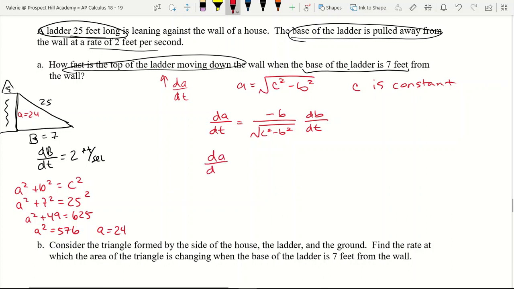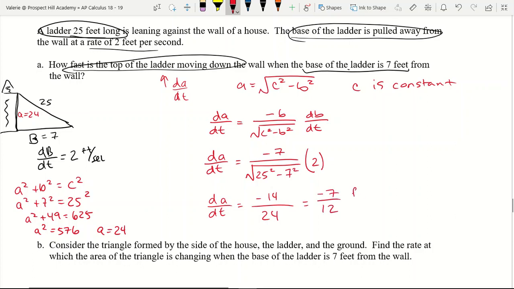So dA/dt is equal to negative 7 over the square root of 25 squared minus 7 squared, times dB/dt. And dB/dt, we're told, is 2 feet per second. So dA/dt is equal to negative 14 over 24, which is equal to negative 7 over 12 feet per second.